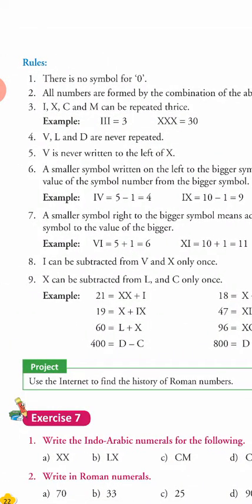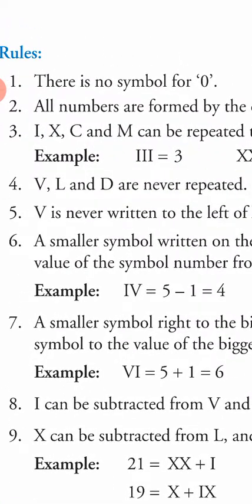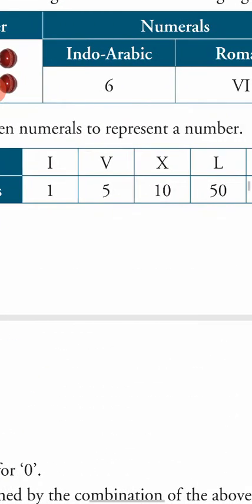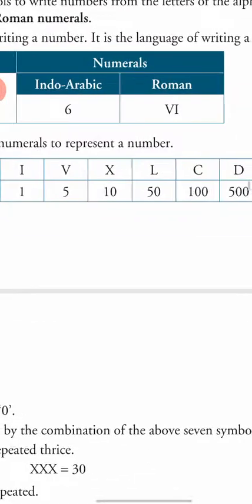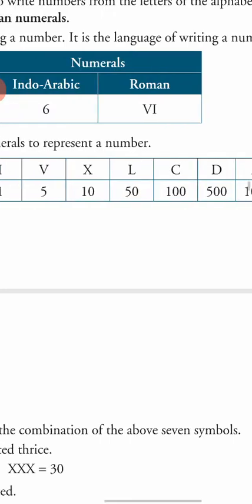There are 9 rules that they have given to write Roman numerals. So, the very first rule is there is no symbol for 0. As you have seen in this table, we have these 7 alphabets that are representing these 7 numbers.